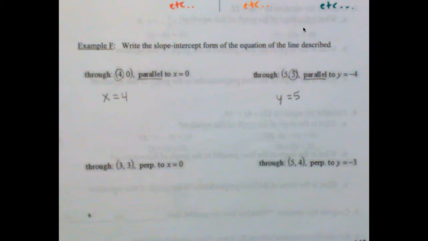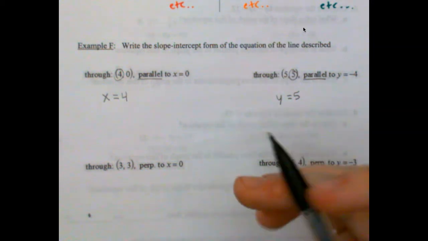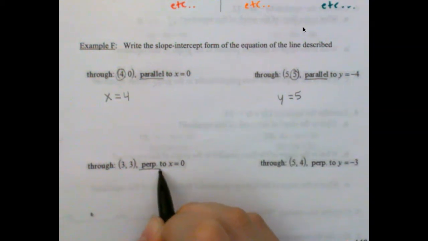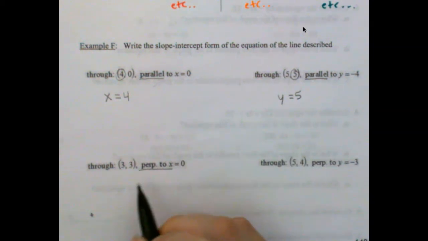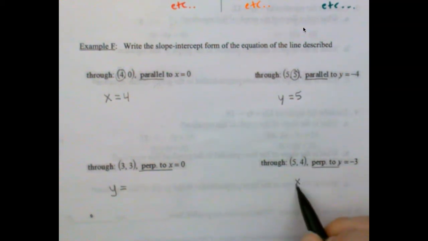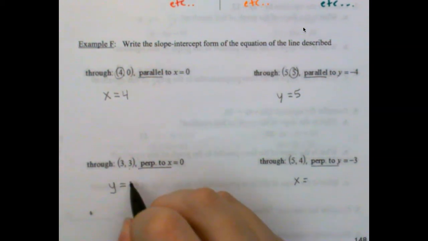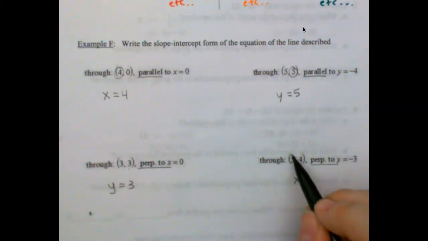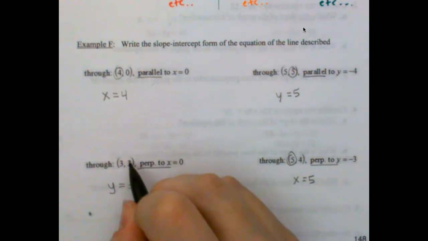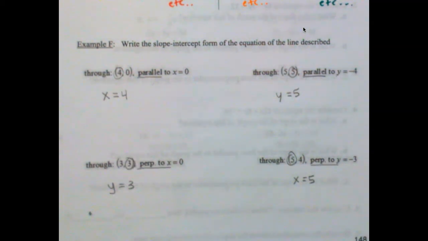Easy peasy. On the other hand, if something is perpendicular to x, I need the opposite letter, which is y. If something's perpendicular to y, I need the opposite letter, x. And then I just pick those coordinates. The y coordinate here is 3, and the x coordinate here is 5. So that's where I'm getting those equations.